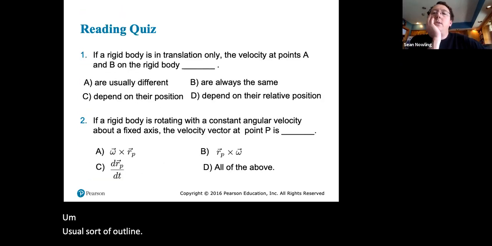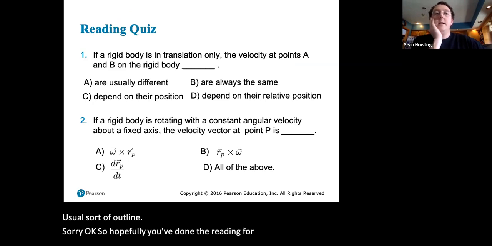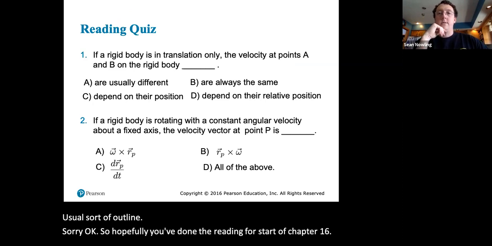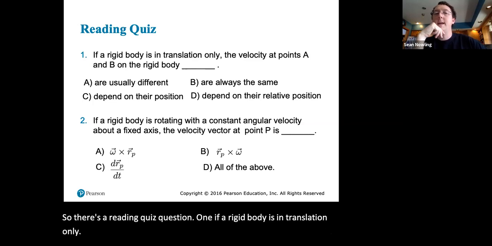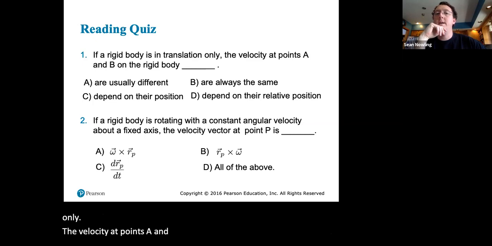Okay, so hopefully you've done the reading for the start of chapter 16. So there's a reading quiz. Question 1: if a rigid body is in translation only, the velocity at points A and B on the rigid body are blank.